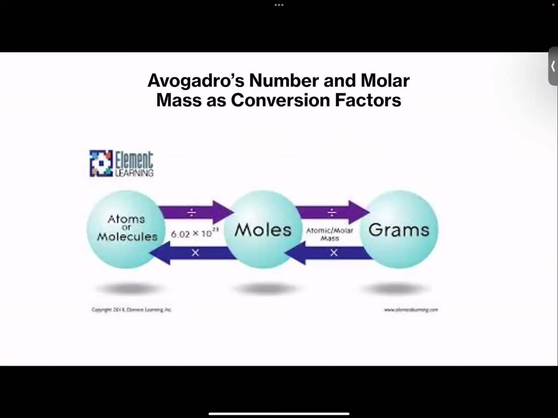So, if I am given atoms or molecules, my first step is going to get it into moles, and I'm going to do so by dividing by the 6.02 times 10 to the 23rd. If I want to take moles into grams, then I'm going to work with the moles into grams using the molar mass.